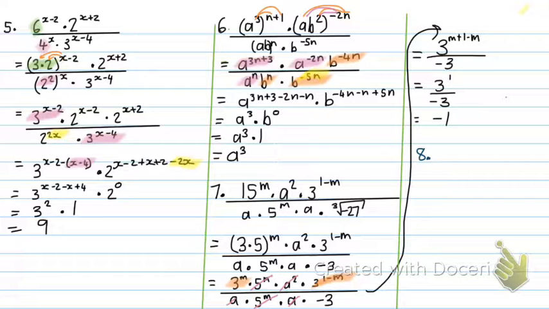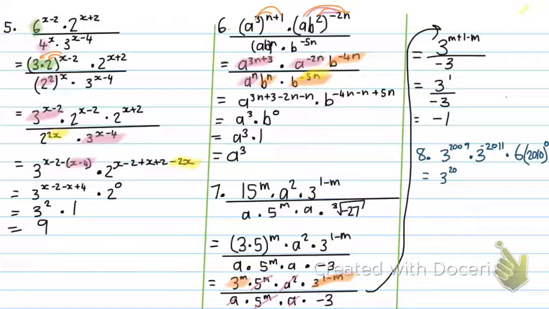Number 8, last one. 3 to the power 2009 times 3 to the power negative 2011 times 6 times 2010 to the power of 0. So when I multiply with the same bases, the exponents get added.